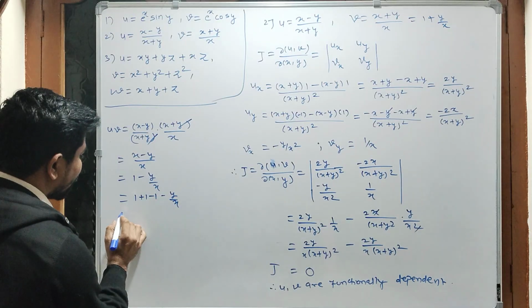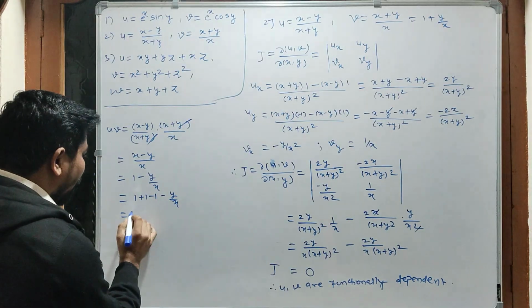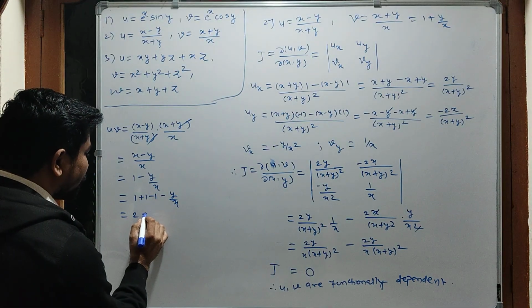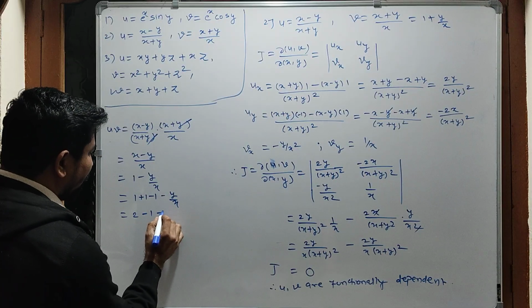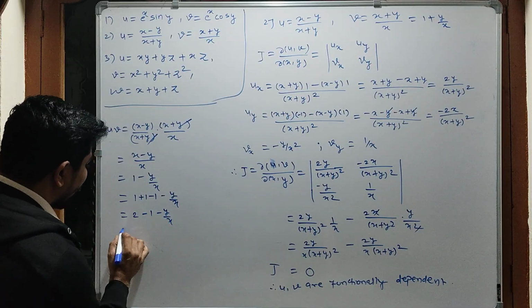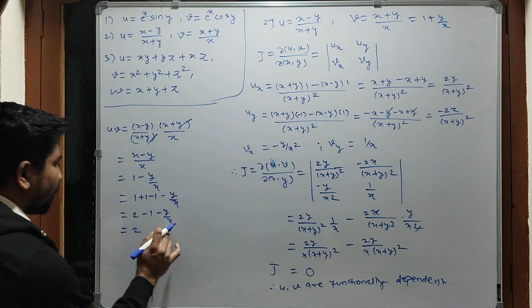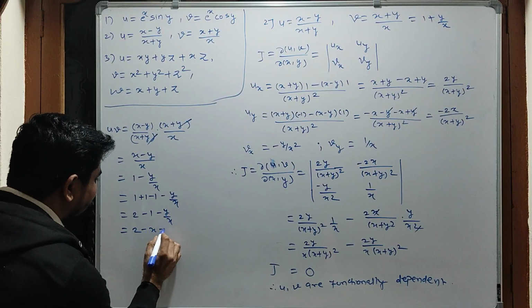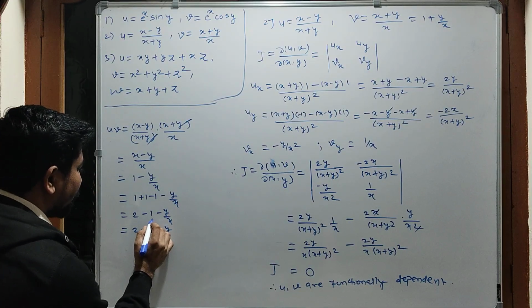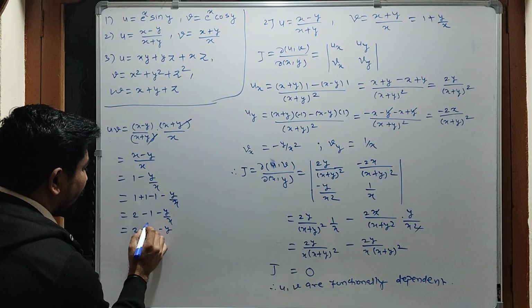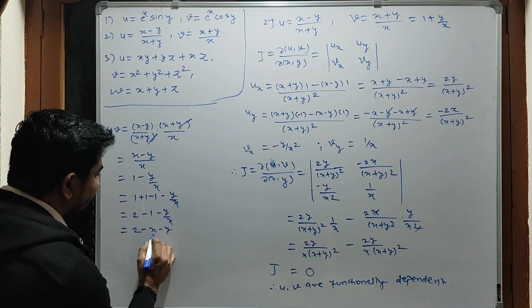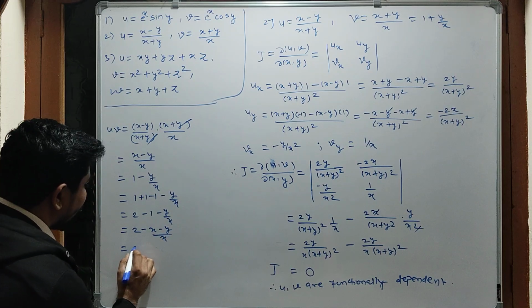This is my y by x, which is equal to 1 plus 1 is 2, so minus 1. So minus 1 minus y by x is equal to 2 times minus x minus y divided by x.